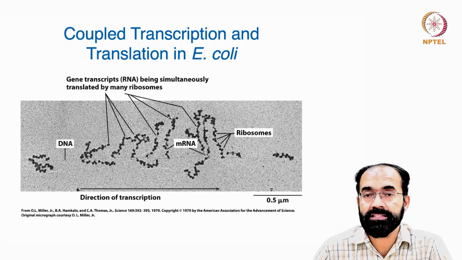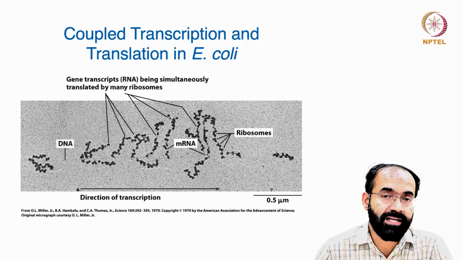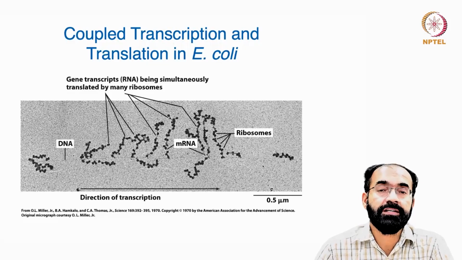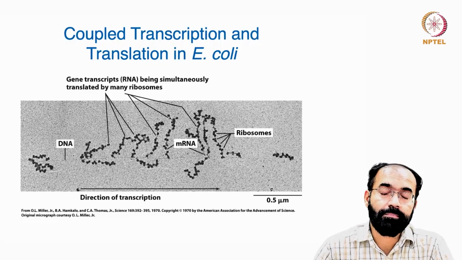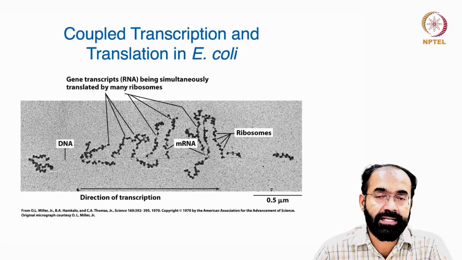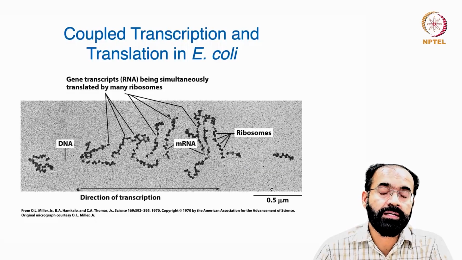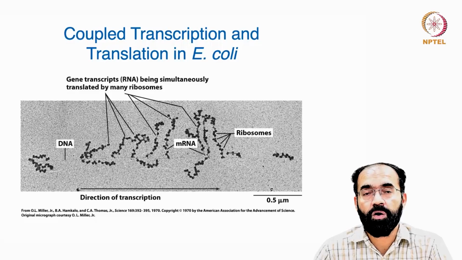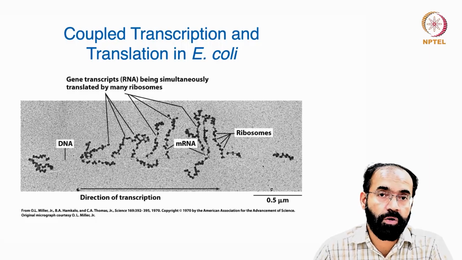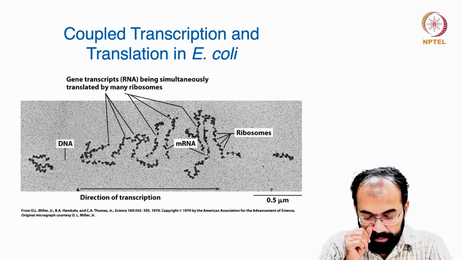It means the entire RNA is 1000 bases, but only 100 bases are released from the RNA polymerase and DNA combination, and that exposed part of the RNA can participate in the translation event. And as the RNA keeps growing, the protein also keeps increasing until the end point of the RNA, or the stop codon of the RNA. So this is called coupled transcription and translation.